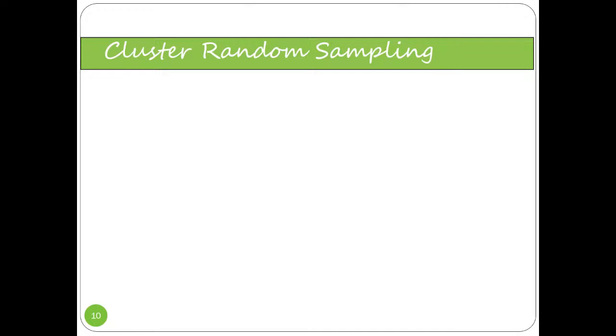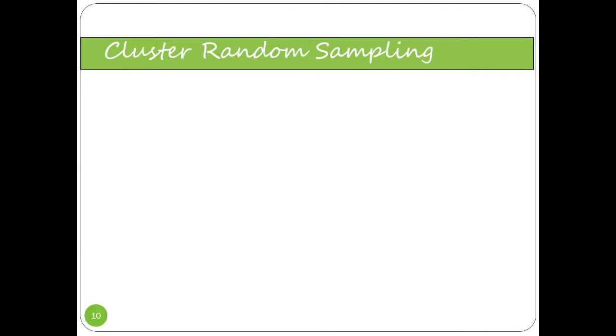Ideally, most of the time, community medicine students, or studies based on community medicine or the health department, health ministry, usually use cluster random sampling, multi-stage random sampling. Why? Because people who deal with larger sample sizes can go for cluster random sampling.